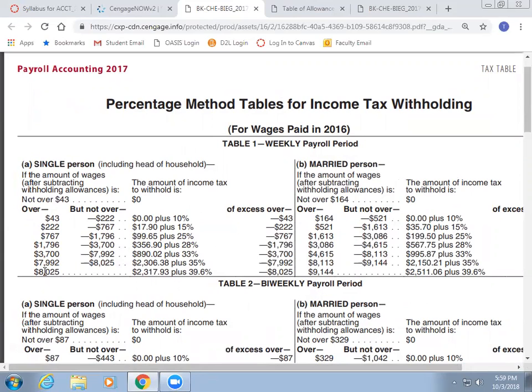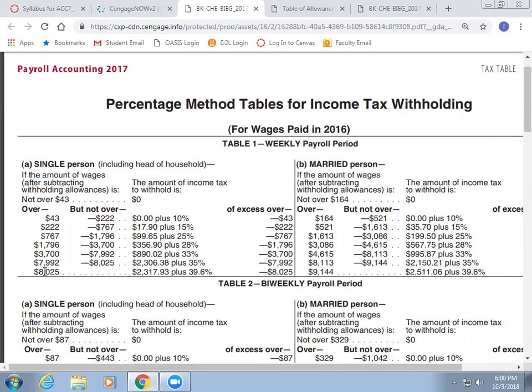They make over $222, but not over $767. So I know that I'm going to withhold an amount of tax of $17.90 plus 15% of anything they earn over $222.